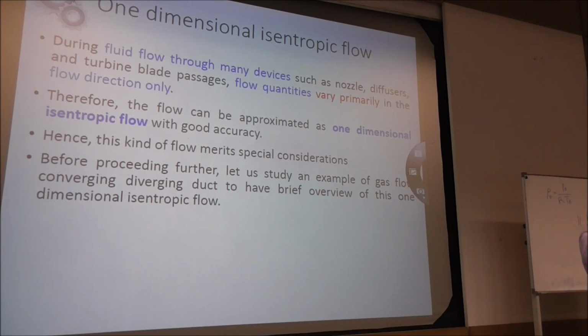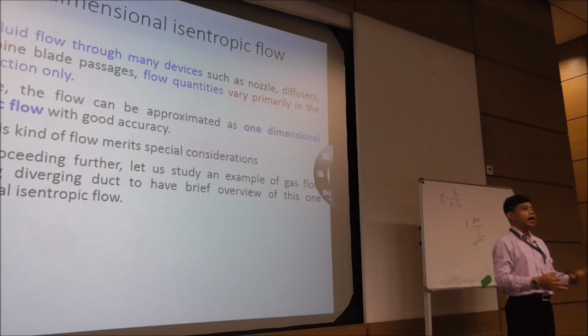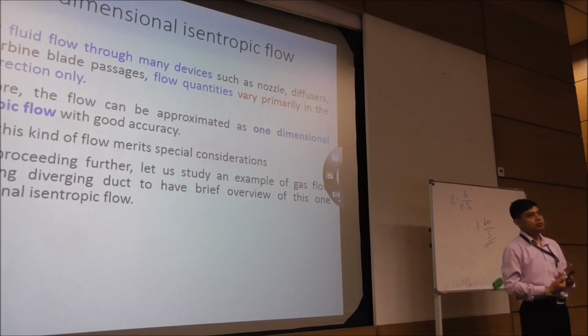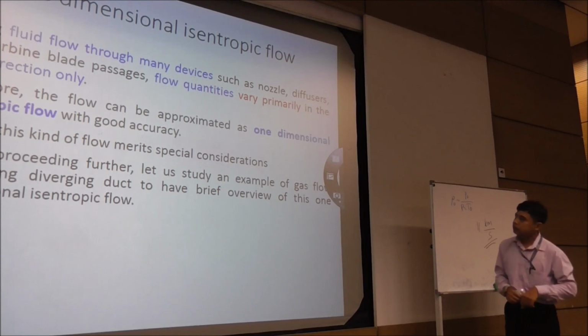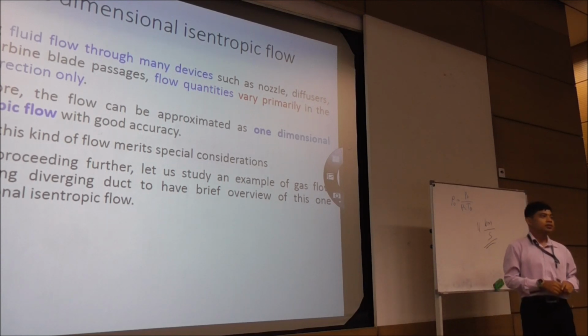In reality, it varies from point to point, from the core to the blade, but the most likely difference is from the inlet to the outlet. If you look at the inlet and outlet, you see only one line, which means it is a one-dimensional problem. So most of the time we will deal only with one-dimensional flow.